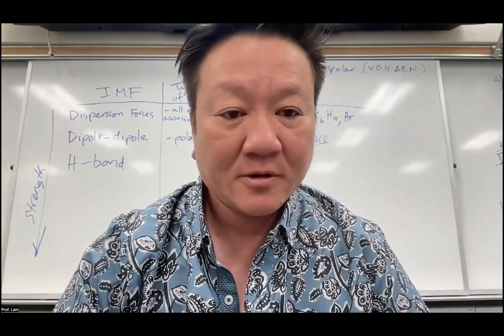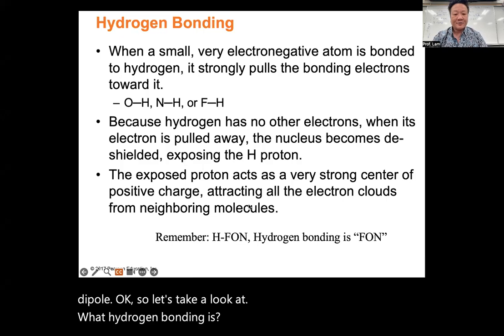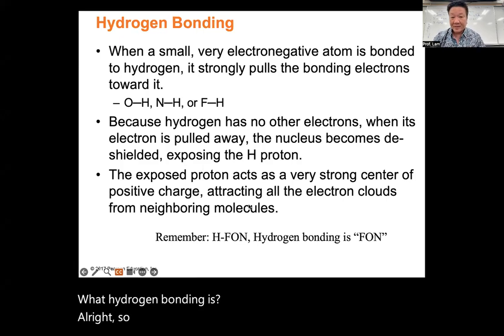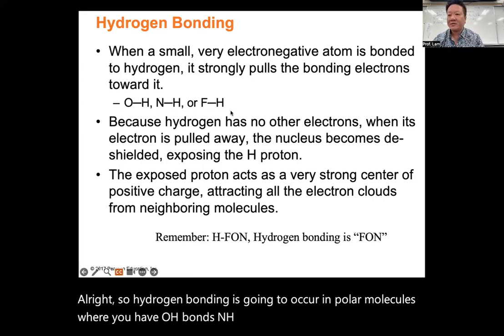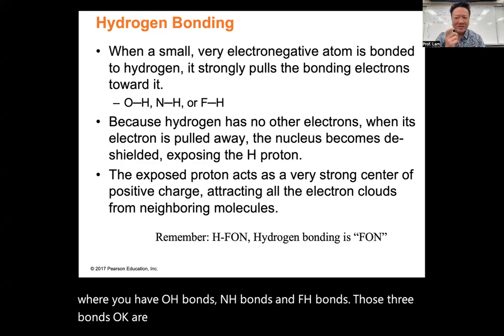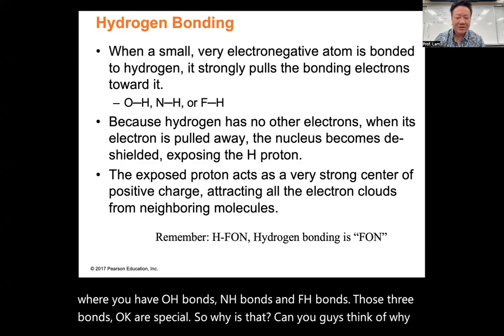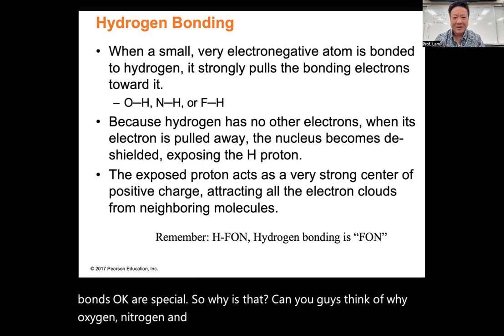All right, so hydrogen bonding is going to occur in polar molecules where you have OH bonds, NH bonds, and FH bonds. Those three bonds are special. Why is that? Can you guys think of why? Why oxygen, nitrogen, and fluorine?